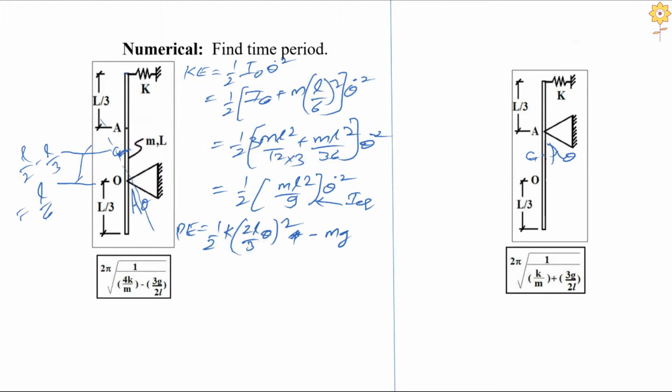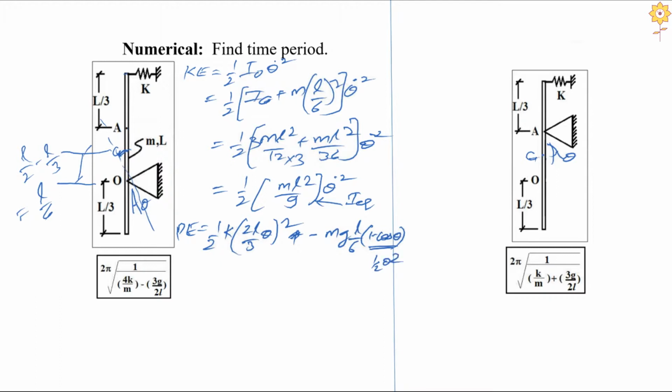So what is the height difference here? It is L upon 6 minus L upon 6 cos theta, right? So it is L upon 6 in brackets 1 minus cos theta, and you know this, what is 1 minus cos theta? It should be half times theta squared.